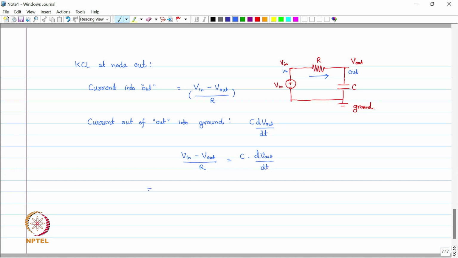Or we can write dV out by dt is equal to 1 upon RC times V in minus V out.